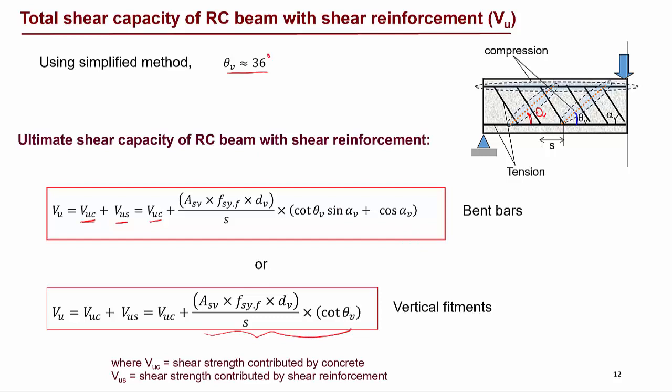So both of these equations give us the ultimate shear capacity of the reinforced concrete beam, taking into account the contribution from the concrete as well as from the stirrups. So this one is for the vertical fitments or the vertical stirrups, whereas this one is for the inclined stirrups. So with that, we can solve this to find out the ultimate shear capacity of the given section.